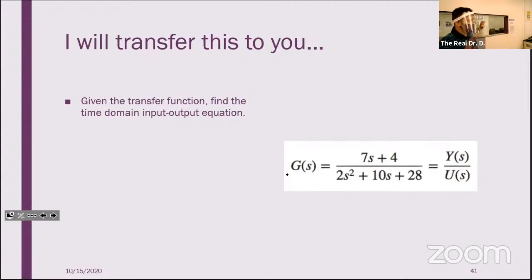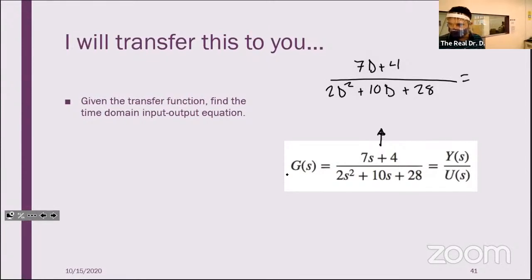Okay, so I'm given this transfer function. Remember, this is the same as this. So you just do what we just did, but in reverse order. I'm going to cross multiply here.